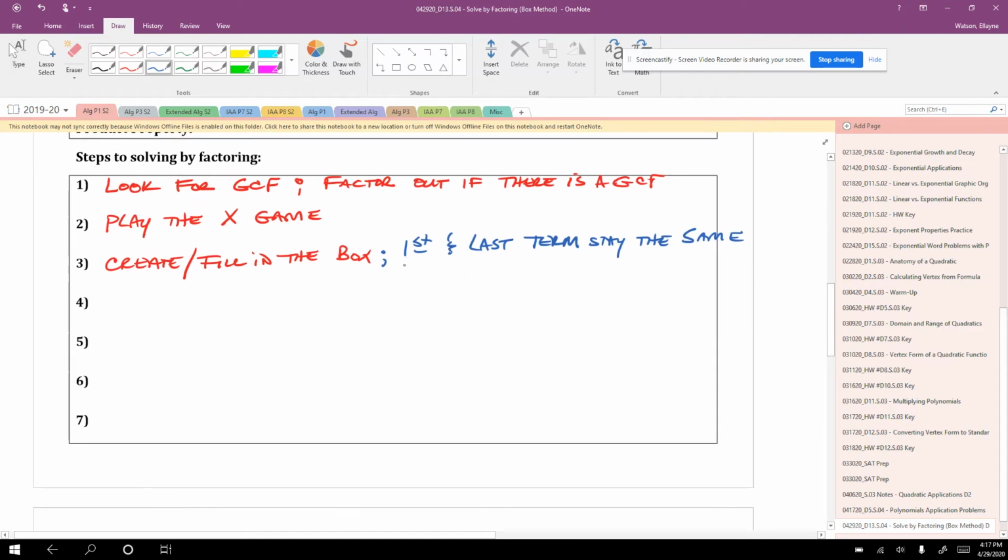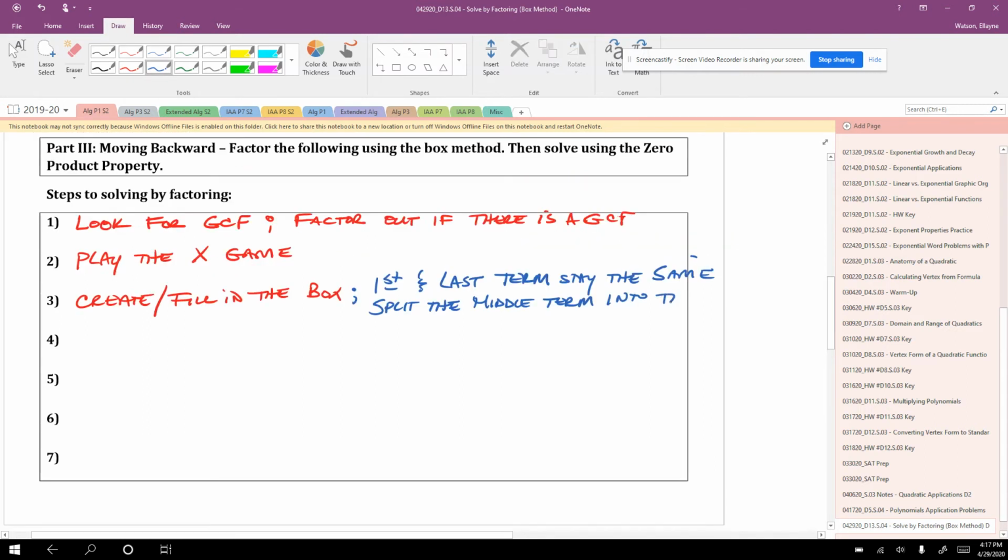But the middle term, you're going to split the middle term into the two numbers from the X game. And that's why we play the X game, because we need to know what those two numbers are. Okay, and we're going to do examples of these.